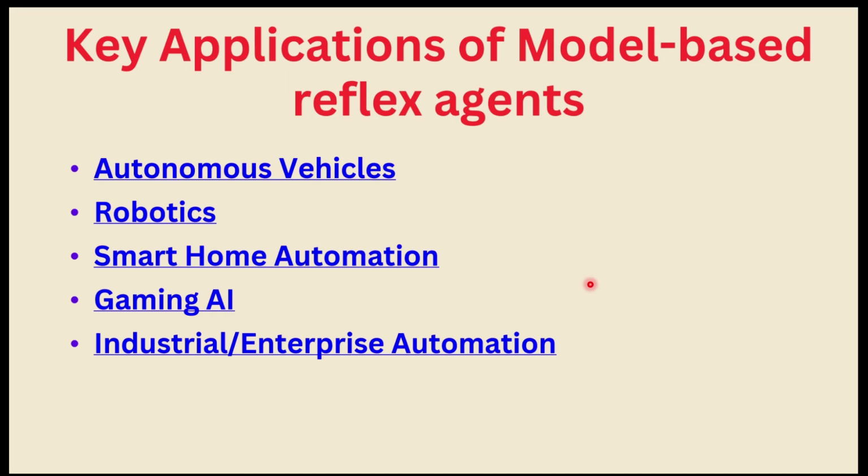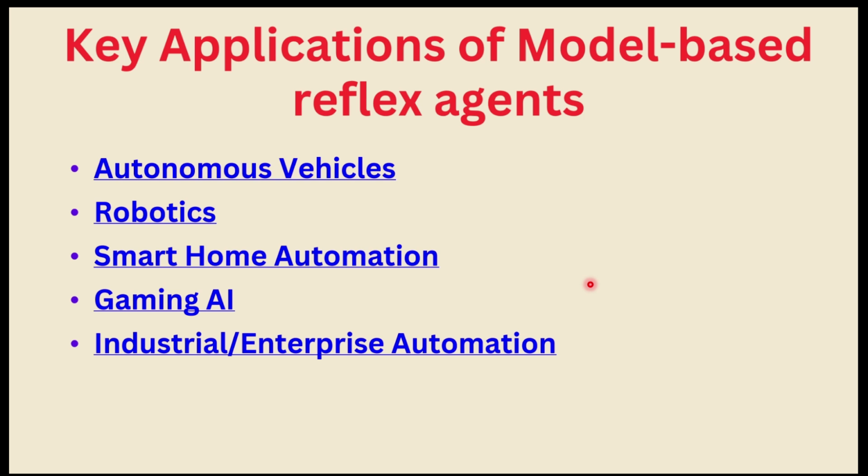Suppose you have a game, and in that game you may have different characters. For different characters you may exhibit different actions. They automatically have the internal representation, based on the previous information which is already stored in memory, and that will be used for taking the action.